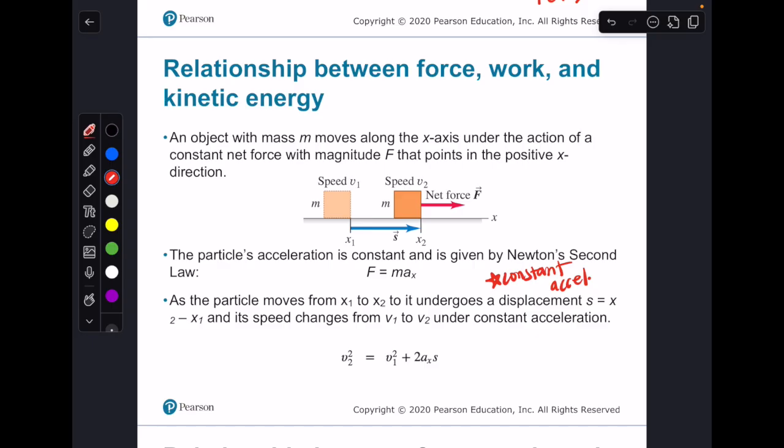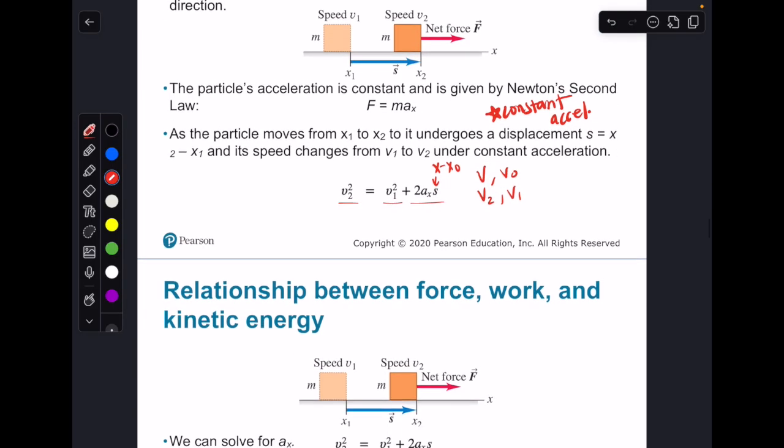We can use a kinematic equation, with v2 and v1 instead of v and v naught, and s instead of x minus x naught. Does this look familiar? That's the third kinematic equation that eliminates time. So if we express the acceleration in terms of velocity squared, we get this expression right here.